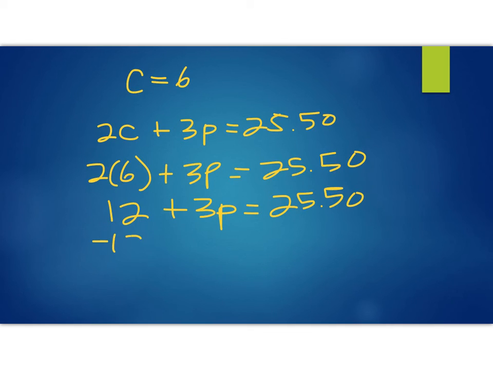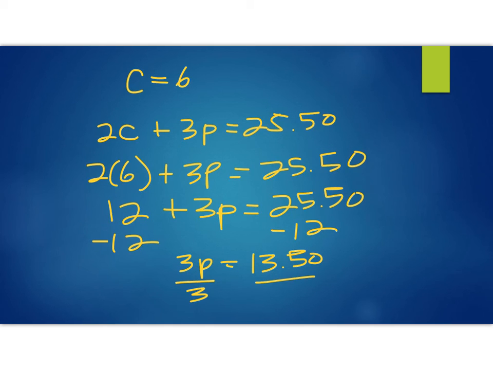Subtract 12 from each side. We'll get 3p equals 13.50. Divide both sides by 3. And we know 1 pop equals $4.50.